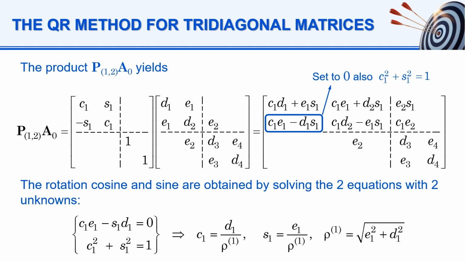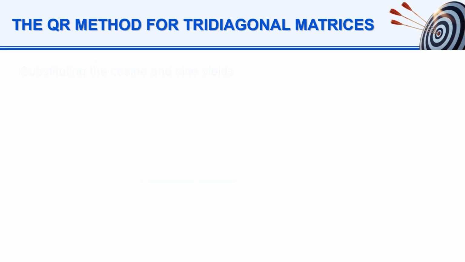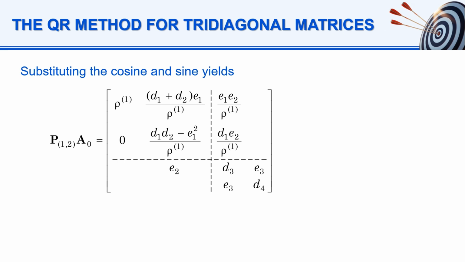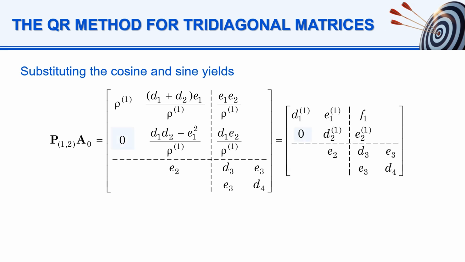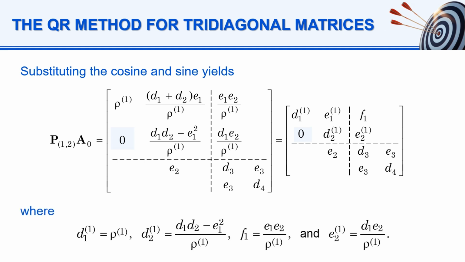The rotation cosine and sine are obtained by solving the two equations with two unknowns, which result in the following. Substituting the rotation cosine and sine values yields the following, where these quantities are used.